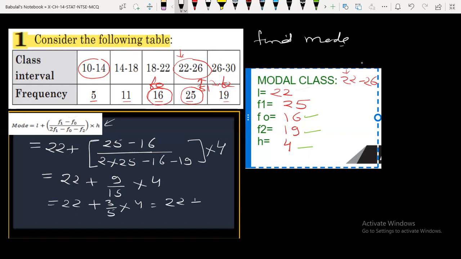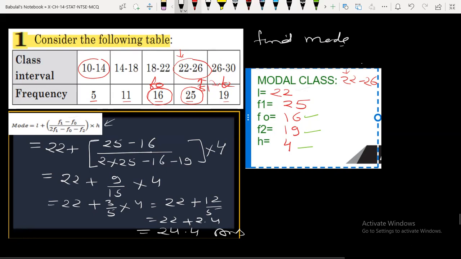So 22 plus 12 upon 5. So 22 plus 2.4. On adding, it gives us 24.4 as the answer. So the mode of the given data is 24.4. So this is the way how to find out the mode of the given data.